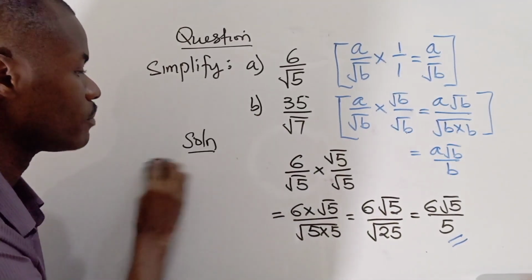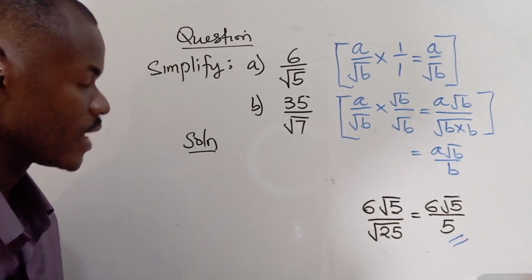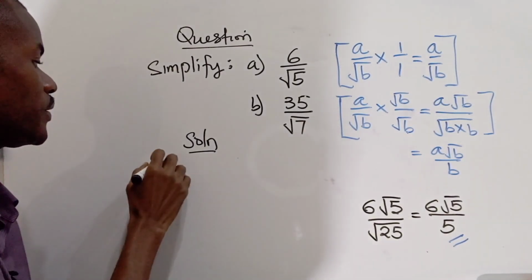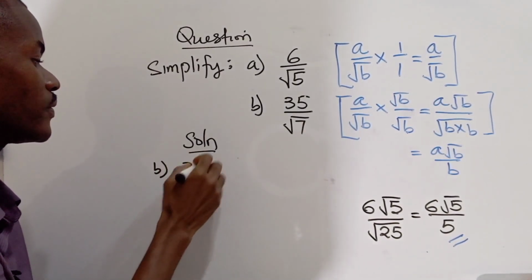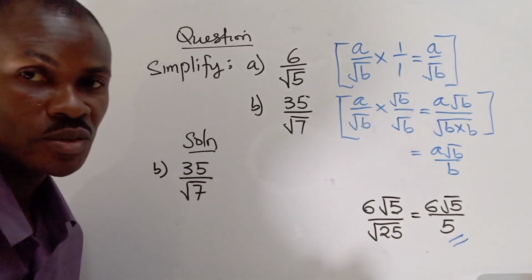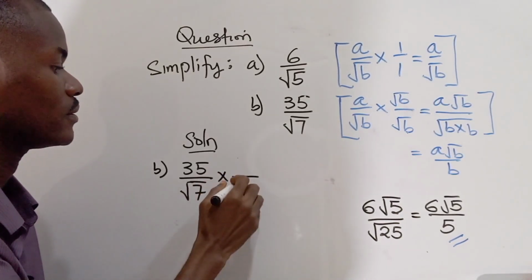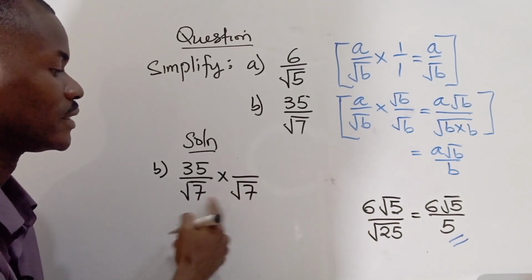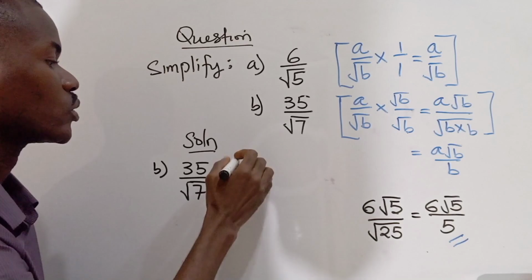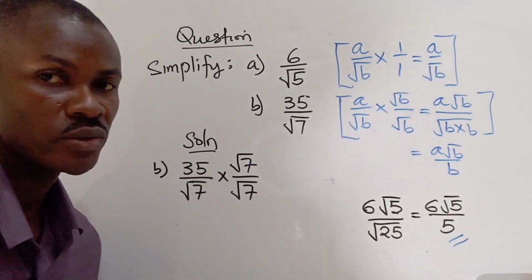Now for the second problem, for B, we have 35 divided by square root of 7. So what's my first step? I'm going to multiply this by itself here at the denominator, and I'm also going to multiply it with the numerator.